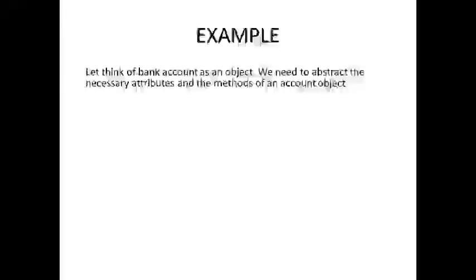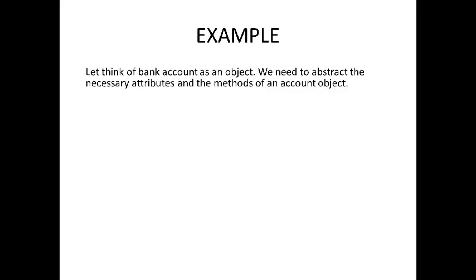So let's look at an example. Let's think about a bank account as an object. If we think of a bank account as an object, we need to abstract the necessary attributes and the methods of an account object. In object-oriented programming, most times, everything is an object.